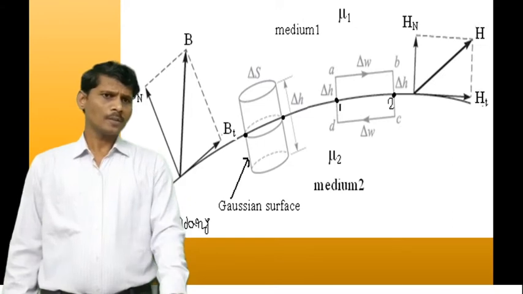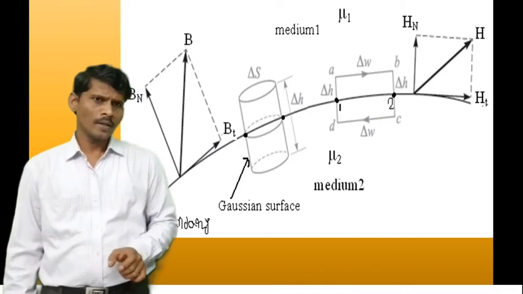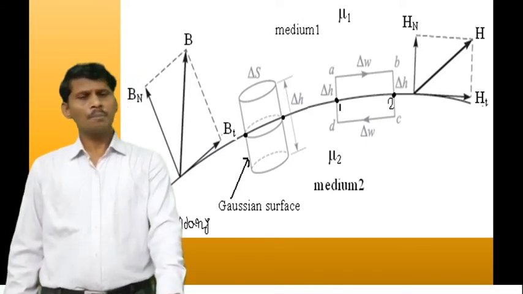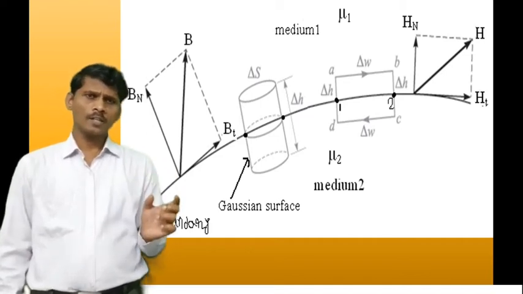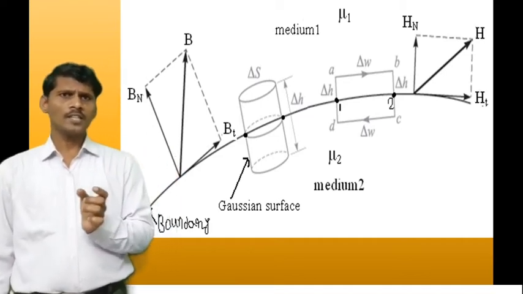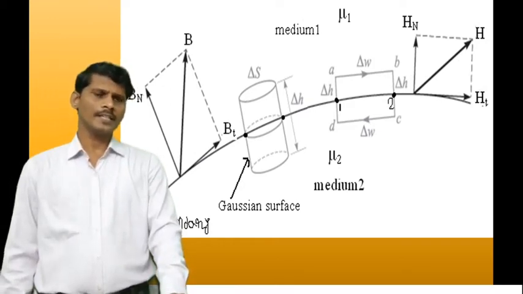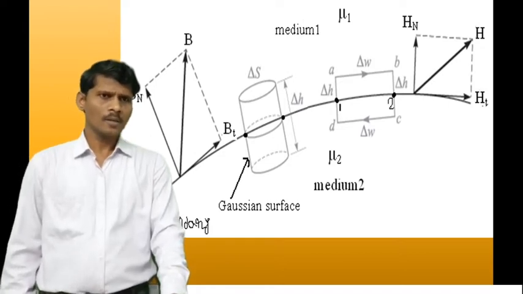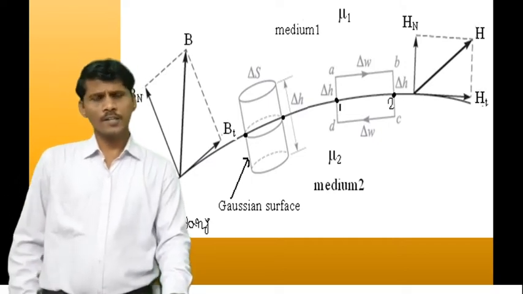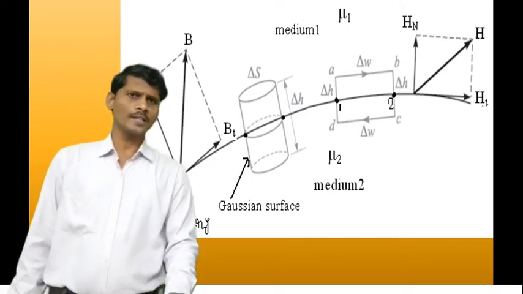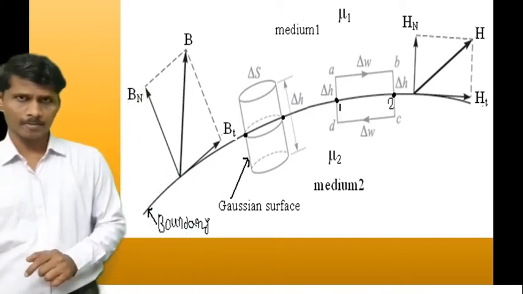The width of the path A to B is parallel to the boundary, and that width is delta W. Path C to D is also parallel to the boundary, in region 2, with the same width delta W, but path C to D is opposite to path A to B. The height of the rectangular path is delta h. Path B to C has height delta h by 2, and the path D to A is similar to path B to C but in the opposite direction.